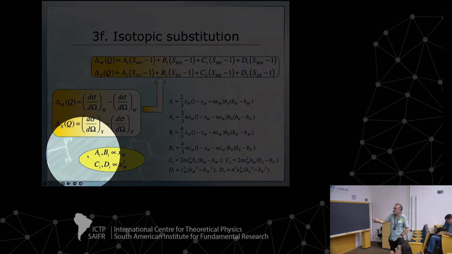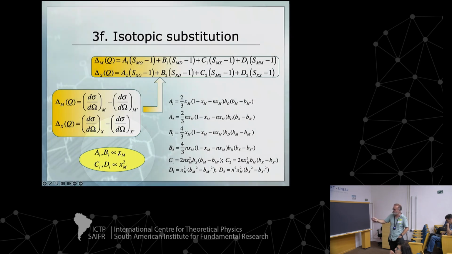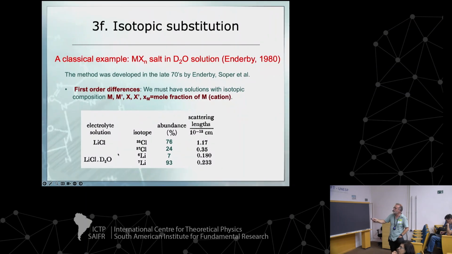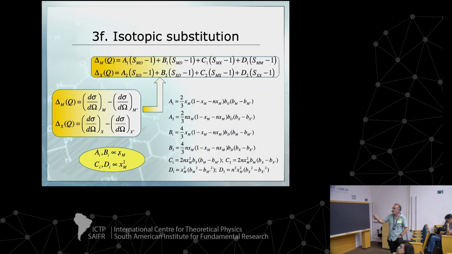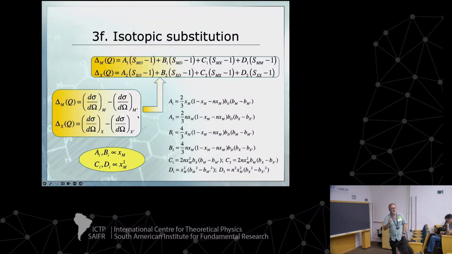The factors A and B are proportional to the mole fraction of M. Recall that M is the cation in the salt, right? And C and D are proportional to M squared. Well, this is telling you something.